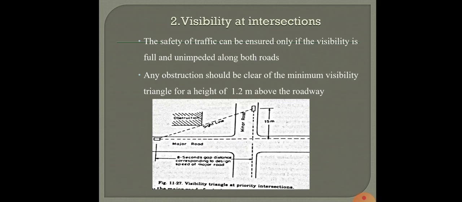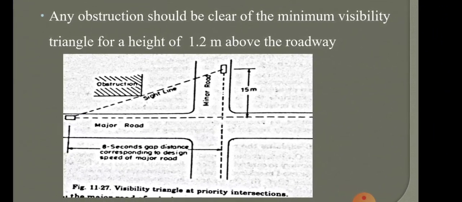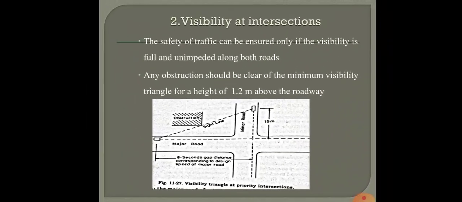So any obstruction should be clear of the minimum visibility triangle for a height of 1.2 meters above the roadway. Here you can see there is a major road and a minor road, and the sight line is also shown here. There is an obstruction which should be clear of the minimum visibility triangle. So that is how we have to consider the visibility of an intersection while designing an intersection at grade.